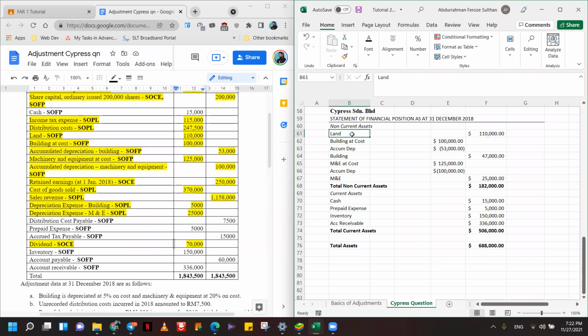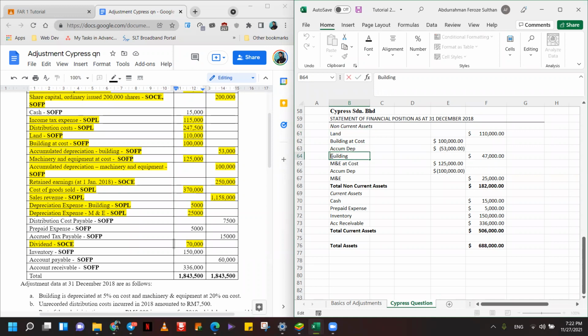Now, when it comes to land, typically speaking, land does not depreciate because it just stays there. But buildings and machinery, they depreciate. If the land depreciates, then of course they will mention it, and then you can reduce it. But this is very rare. Usually, most questions, land never depreciates. It only will appreciate as time goes. But when it comes to building and machinery, because with wear and usage, it depreciates, right?